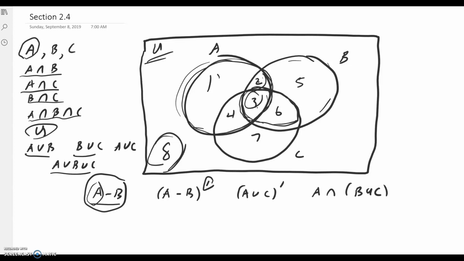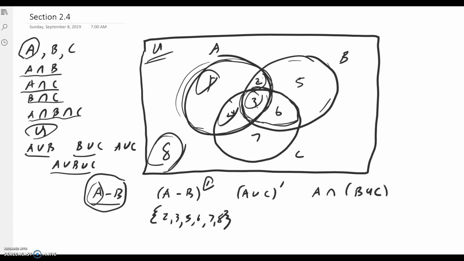If A subtract B is 1 and 4, then the complement of 1 and 4 is everything that's not 1 and 4. So it's 2, 3, 5, 6, 7, 8. That one I felt like I better list. It's everything in the universe that's not 1 and 4.